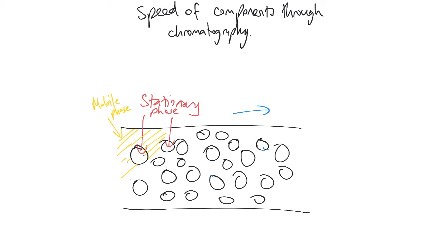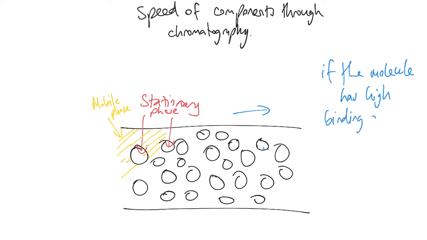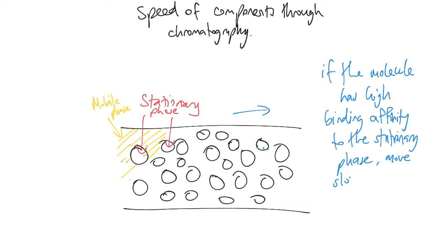So if the molecule has high binding affinity to the stationary phase, which means it's going to get stuck to the stationary phase, then it will move slower through the column.